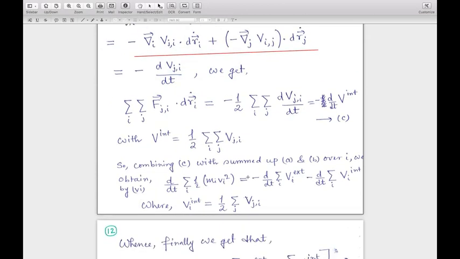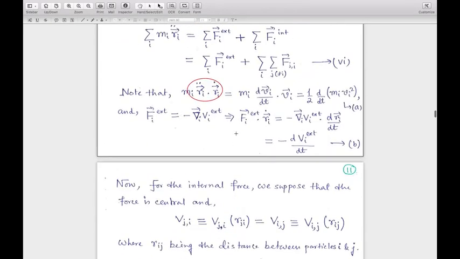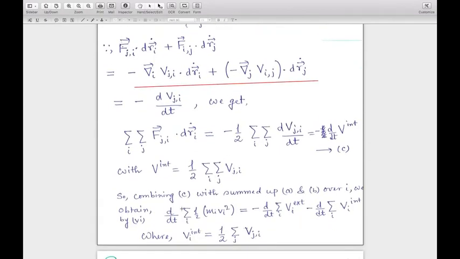Now combining C with the summed up A and B over i, we finally get this expression: d/dt of the total kinetic energy of the particles will be simply equal to minus d/dt of the summation over Vi external minus d/dt of the summation over i Vi internal.